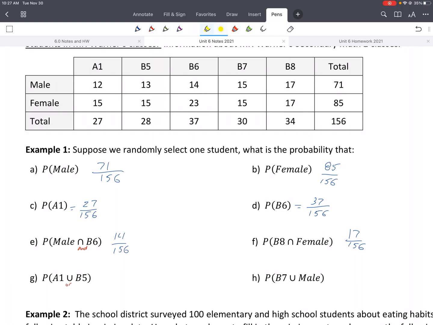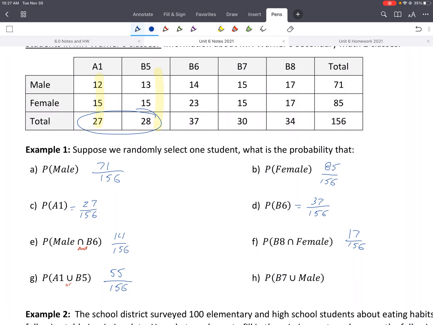So we want all of A1 and all of B5. Here we would need to add those together. So 27 plus 28 gives you 55. 55 ways to win out of the 156.